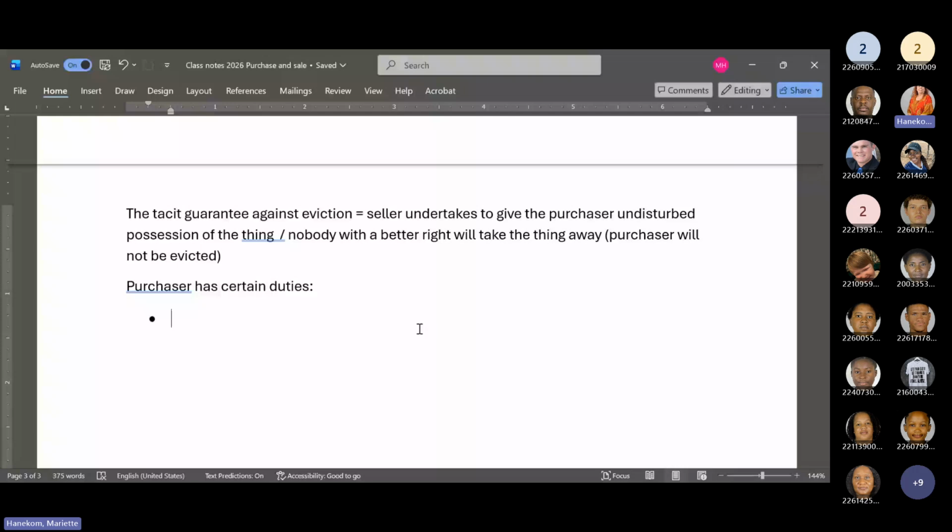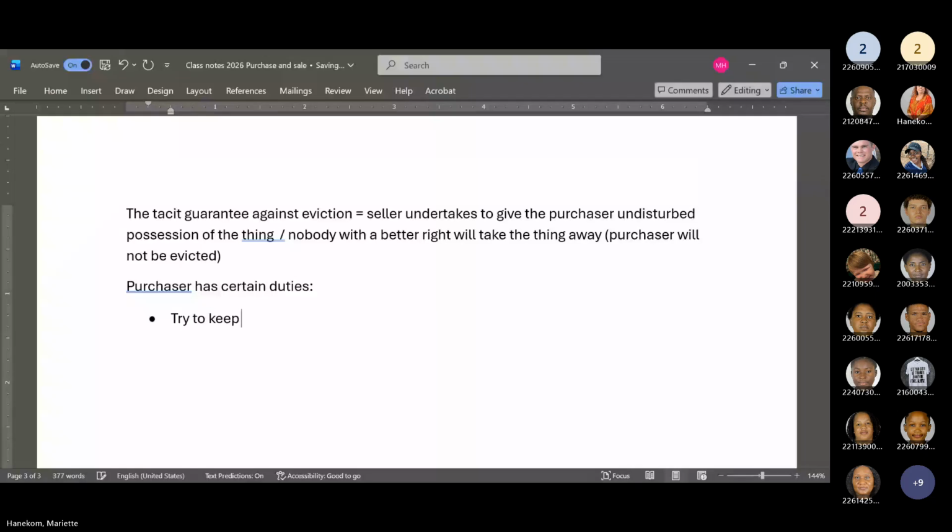Firstly, the purchaser must try to keep the thing in his possession. So if you've bought something and somebody else comes and says, no, that's mine, give it to me, you can't just say, oh, okay, there it is, take it.